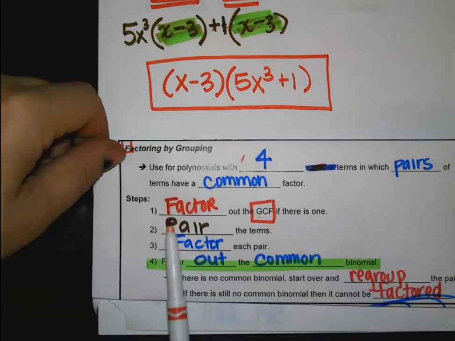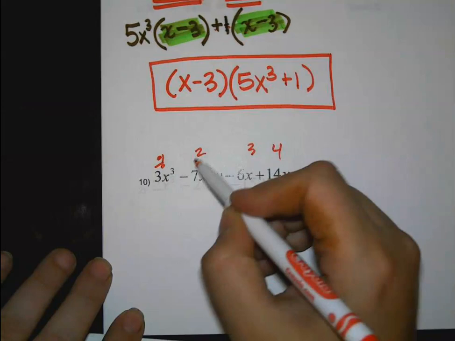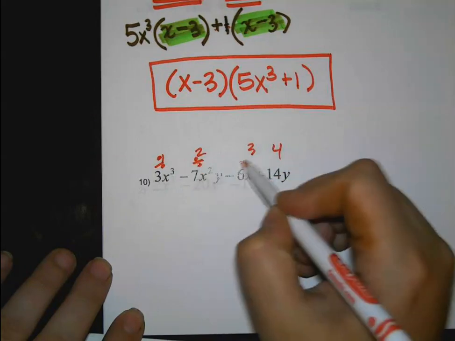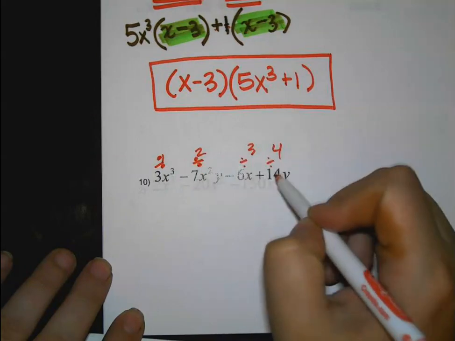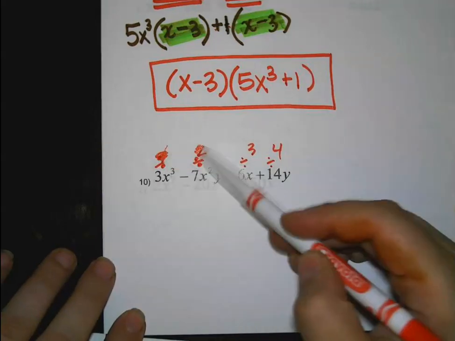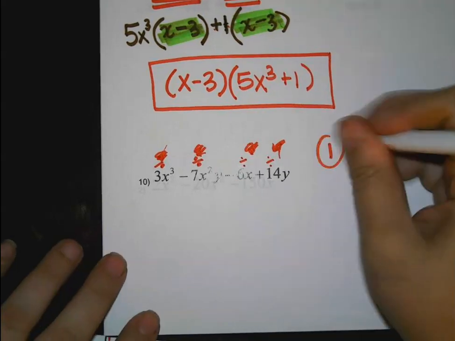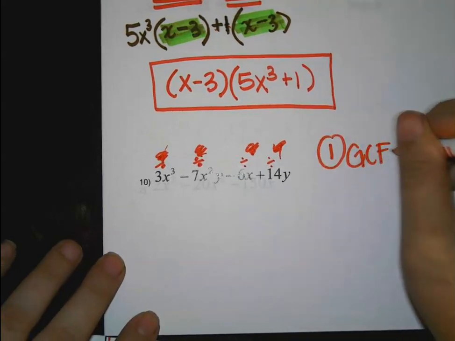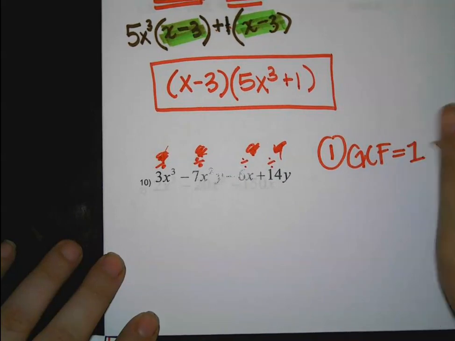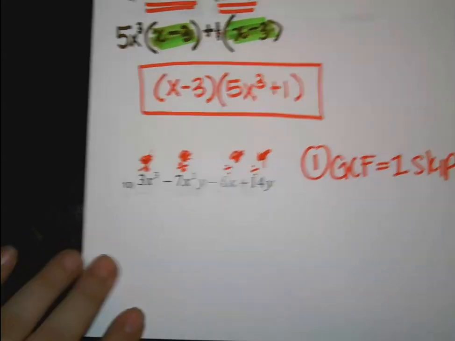So then you're going to ask yourself, is there anything that divides into 3, anything that divides into 7, 6, and 14? Something that goes into the whole problem. That always goes first. Is there a number that goes into all of them? And the answer is it's 1. So I'm going to skip. The only number that goes into all of them is 1.